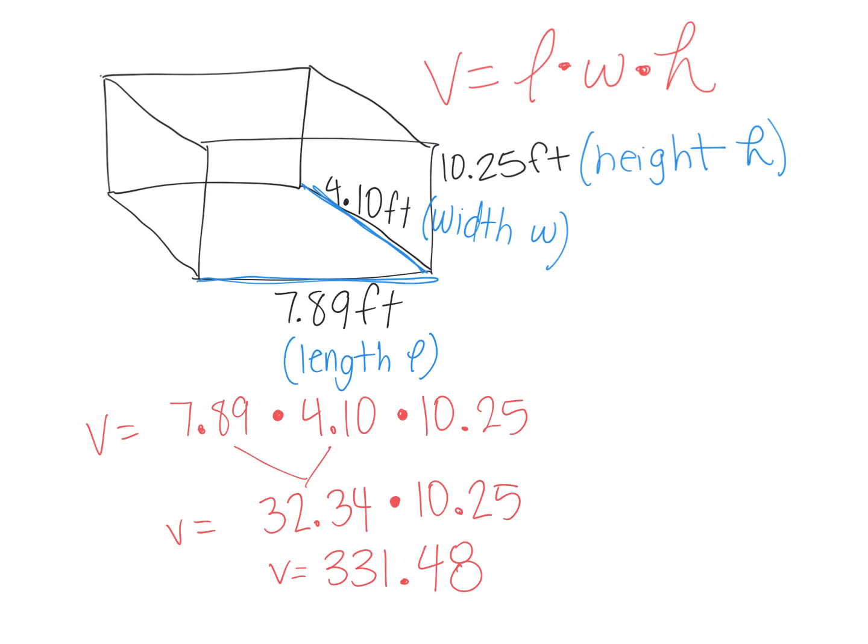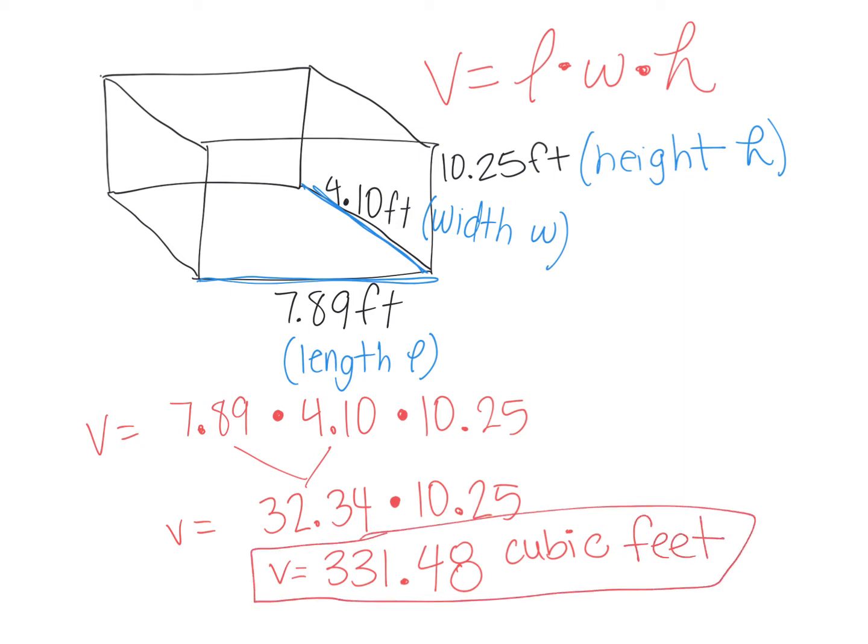And so cube it means we put a little exponent 3. That means cubed, or we could use the word cubic. So I'm going to use the word cubic for this example. Cubic, and then my units, which were feet. So there we have it, 331.48 cubic feet.